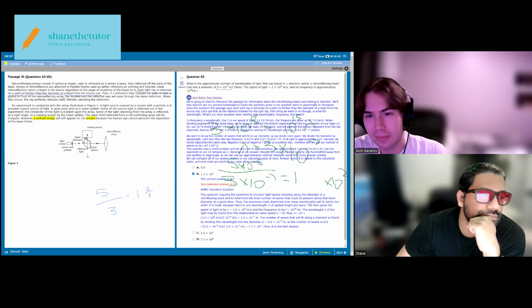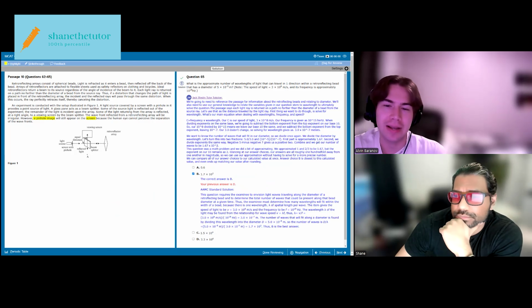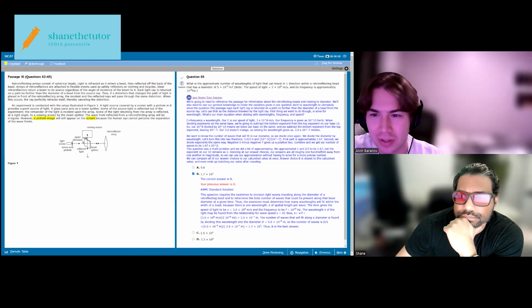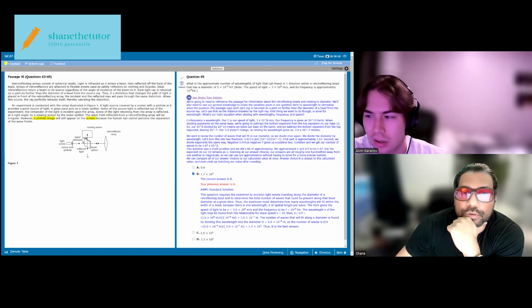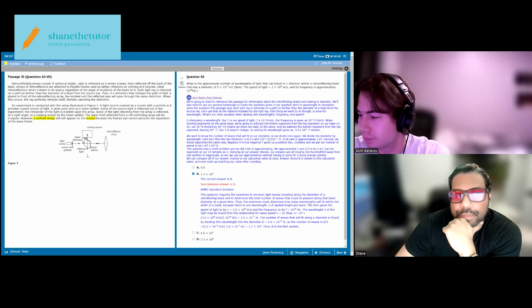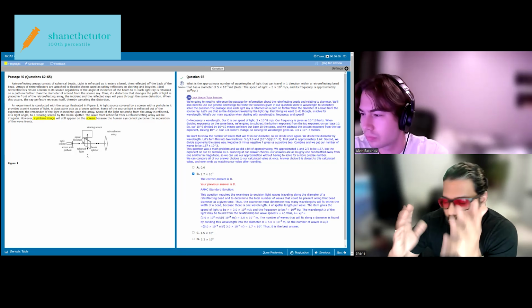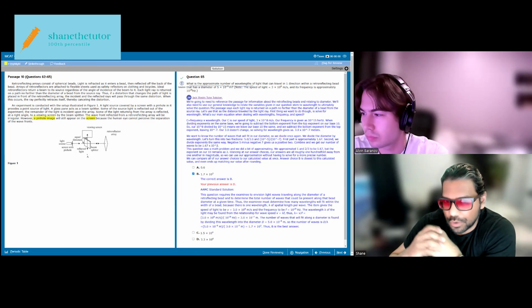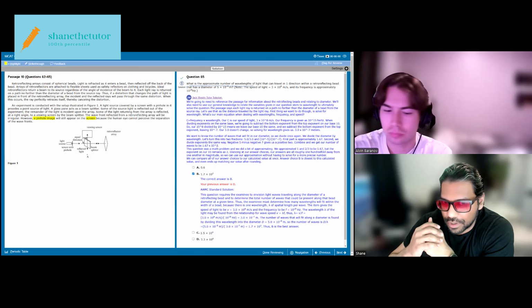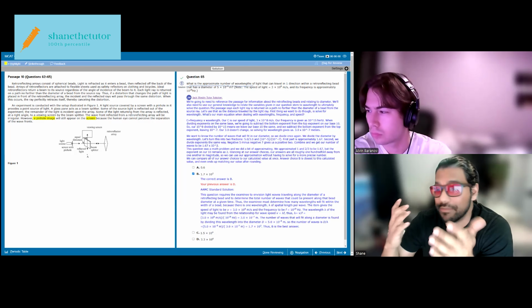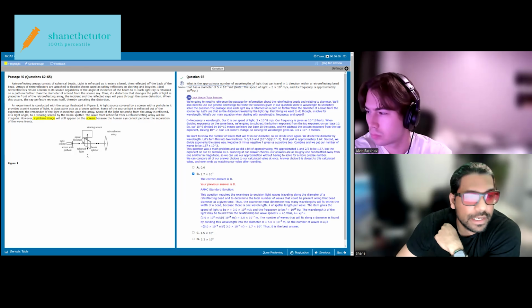I mean, is there really any central takeaway that I can apply from this to other problems? I haven't really seen a problem like this asked, but first of all, making sure that we know what they're asking for. So they're asking for the number of wavelengths. They're not asking for the wavelength. That's one.